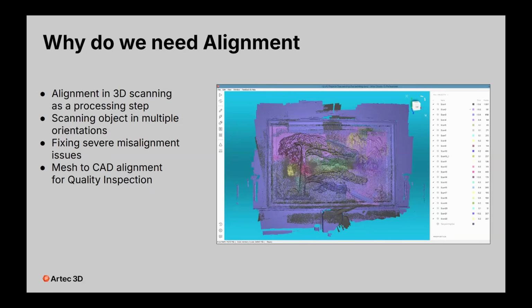Of course it's not possible to do perfect scans all the time. Sometimes you may have limited time to work on your project, and you have poor scans, and that's where the alignment may come to rescue. And then finally, one more application of the alignment is to join the mesh-to-CAD for quality inspection, to compare your scan to the reference CAD model.